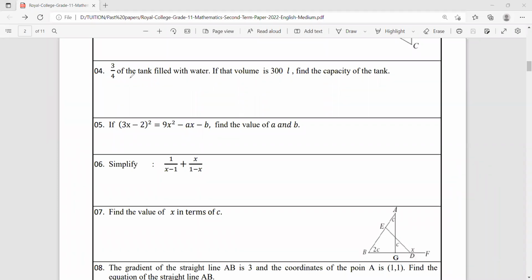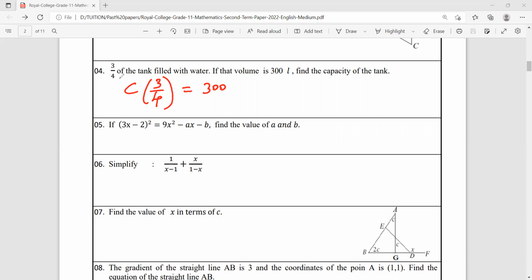Here you have 3/4 of the tank filled with water. If the water volume is 300 liters, find the capacity of the tank. Since the capacity of the tank is C, you can say 3/4 of C is equal to 300.